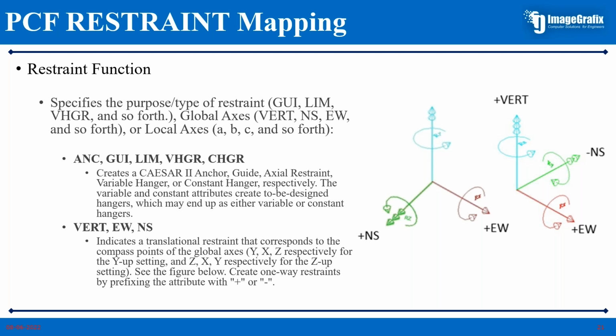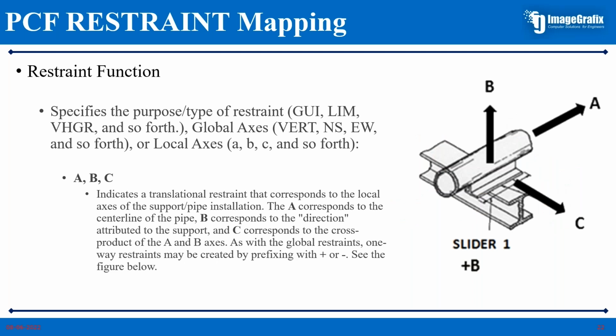If I don't want to provide a gap, but I want to provide a horizontal support along the east-west axis alone, that way I can provide those supports also. In some cases I'll be required to provide my local axes also.